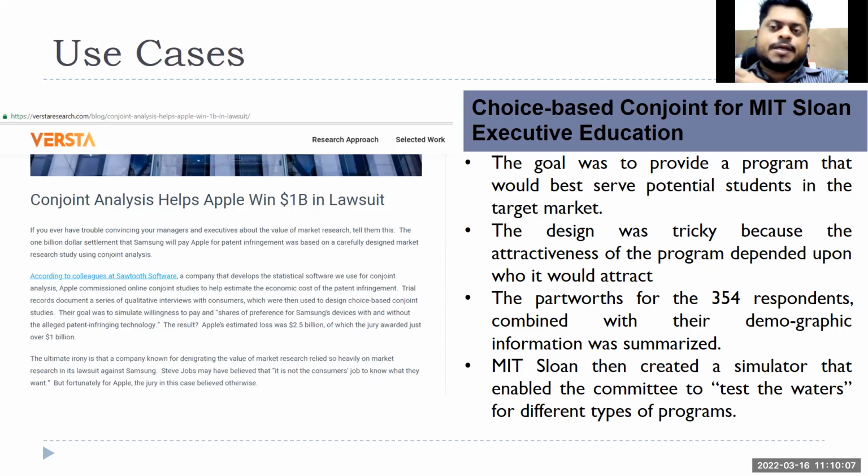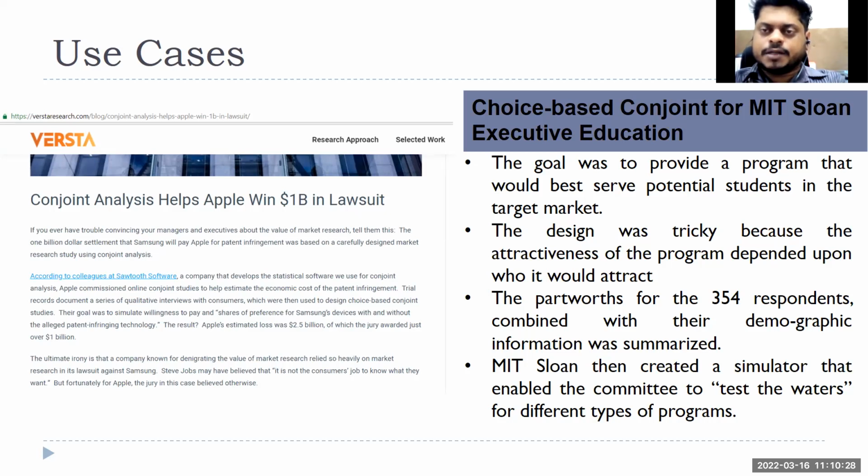Now when they saw that, randomly chosen customers of Samsung were selecting the same Samsung product, with other attributes remaining the same, with this patented technology, much more than the Samsung product without the patented technology, right?